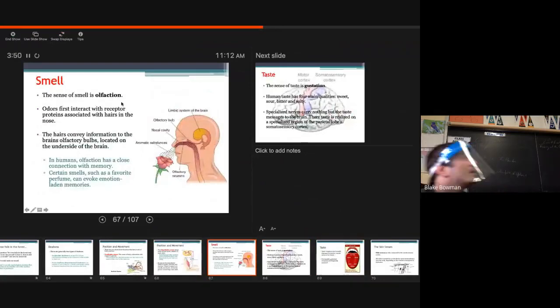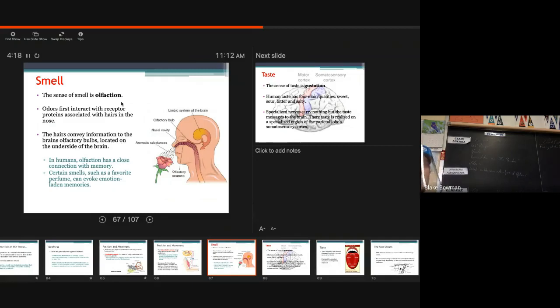Smell. That is called olfaction. There's an olfactory bulb at the base, inside the nose, and it's really associated with the limbic system. Obviously it's also processed in the sensory cortex of the brain, but mostly the limbic system is associated with smell, with olfaction, and that goes hand in hand with what?